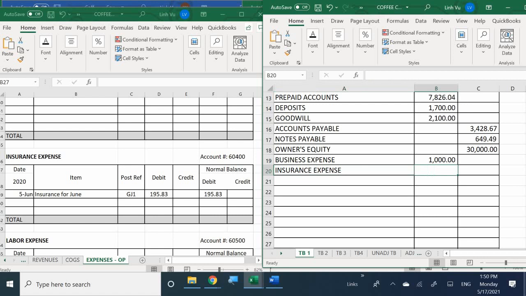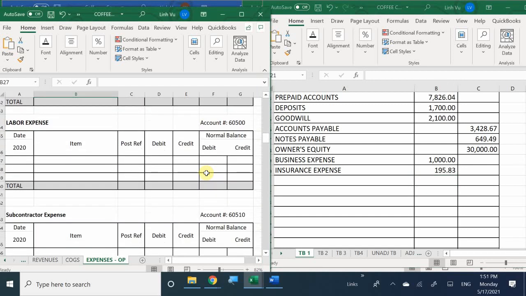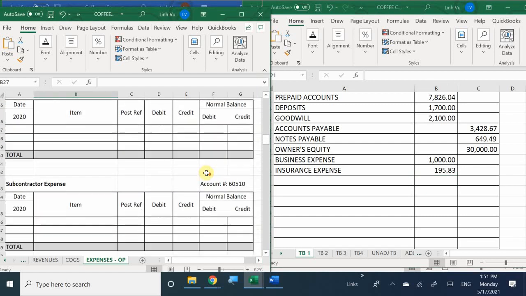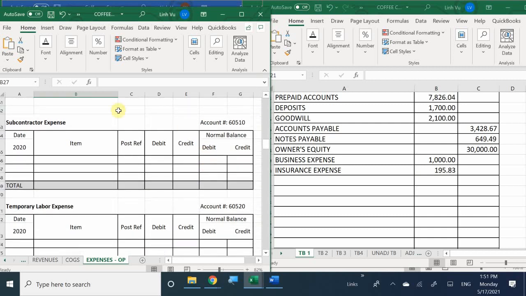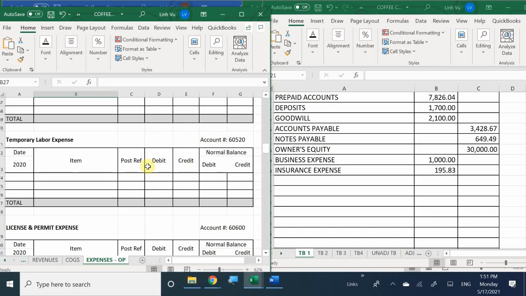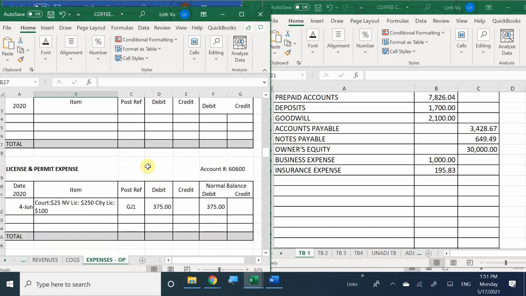Okay, and it is for 19583. Any labor expense, which includes subcontractor expense, temporary labor expense, so we haven't incurred any yet.